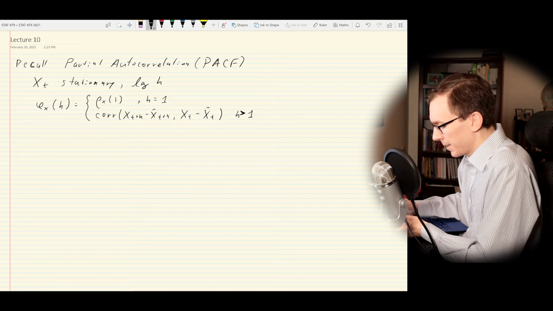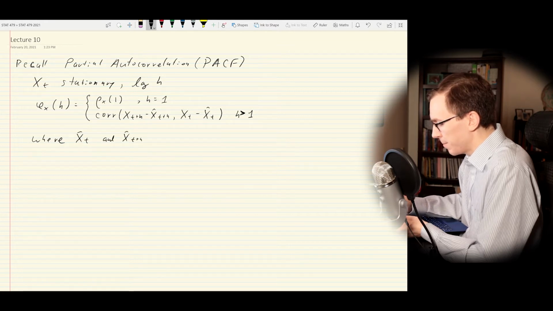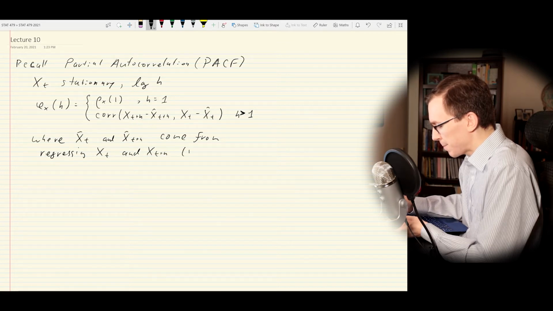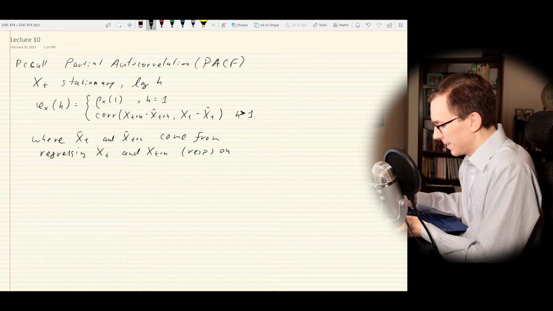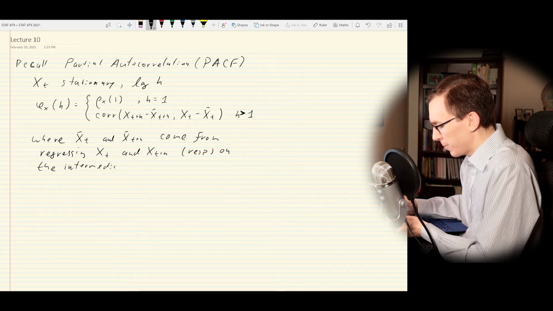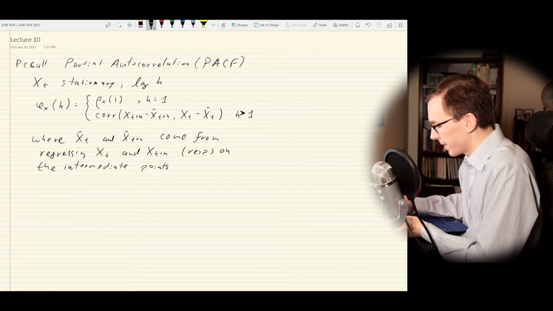Again, X hat_t and X hat_{t+h} come from regressing X_t and X_{t+h} respectively on the intermediate points, which are X_{t+1} up to X_{t+h-1}.